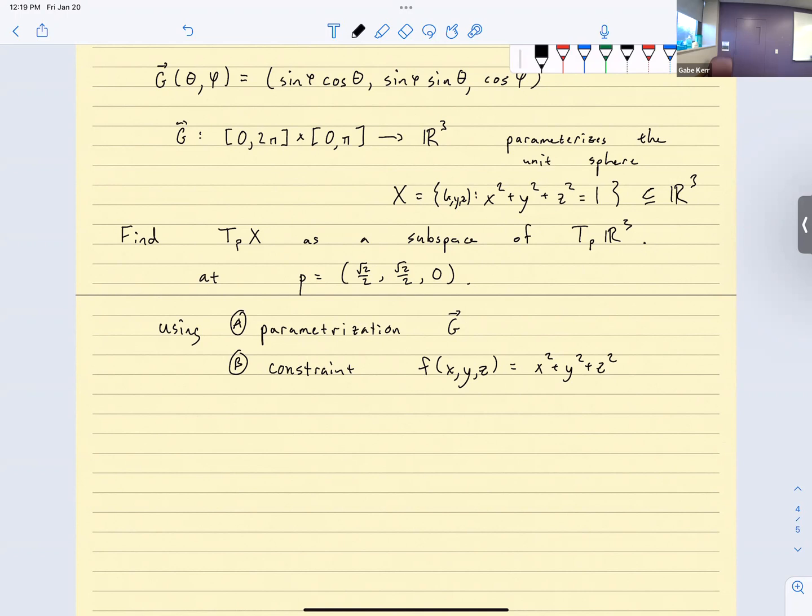It's a little messier, but yeah, it maps the boundaries.